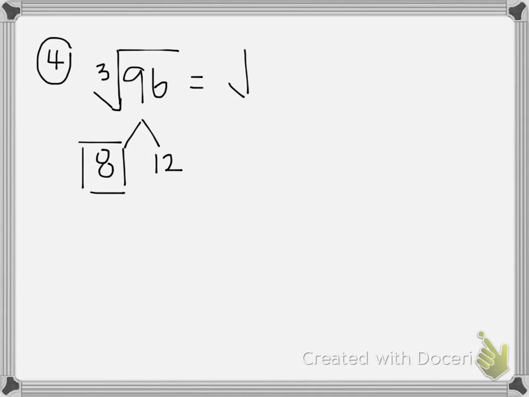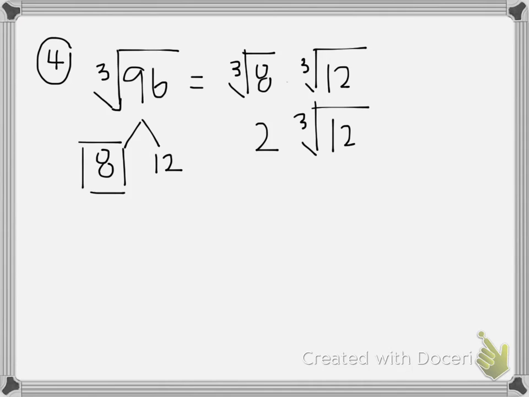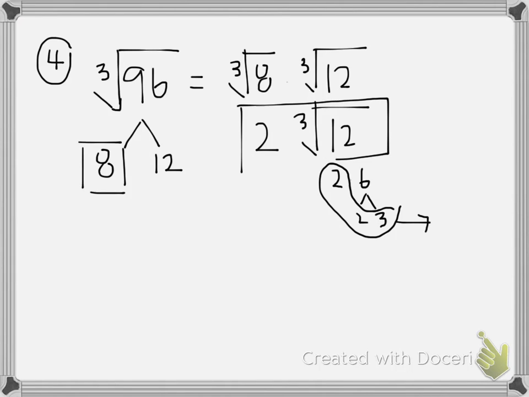So this is going to be the cube root of 8 times the cube root of 12. Cube root of 8 is 2, and then 12 is 2 times 6, and 6 is 2 times 3. And you cannot rearrange those anyway to get 3 things that multiply together. So we are done with that one there. So it's just going to be 2 cube roots of 12.